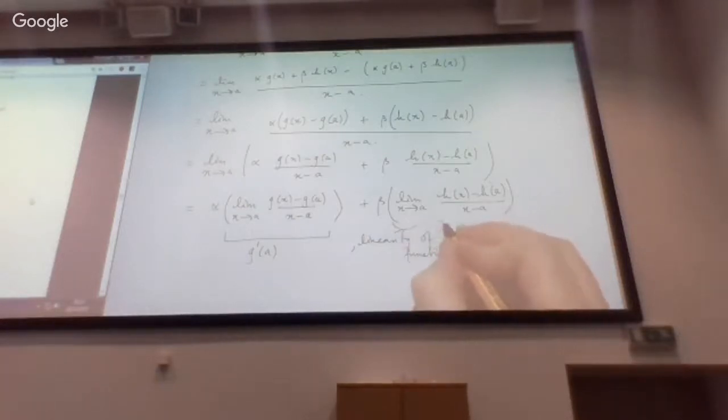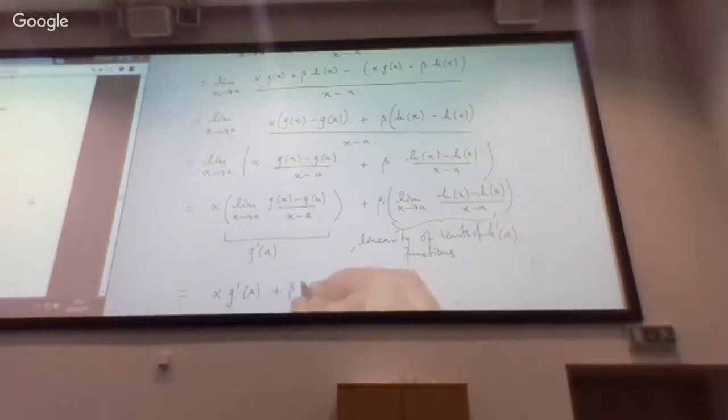And similarly, this quantity here is exactly the definition of the derivative of h at a. I know they exist because the theorem says, in its preamble, assuming that g and h are differentiable. So these limits exist and they are the derivatives. So what we have here is exactly alpha times the derivative of g plus beta times the derivative of h at x.